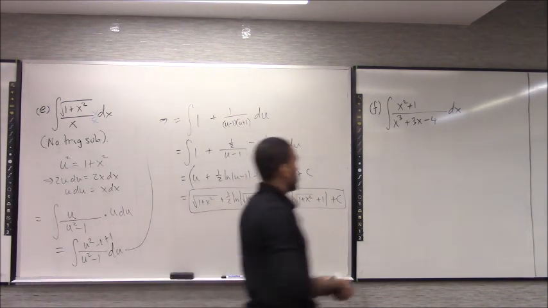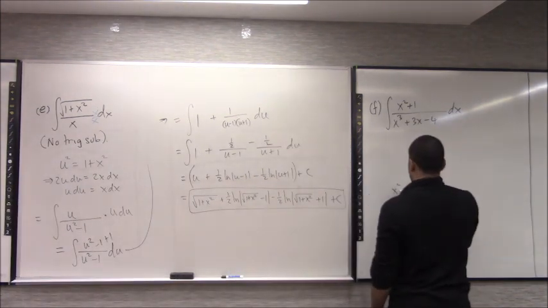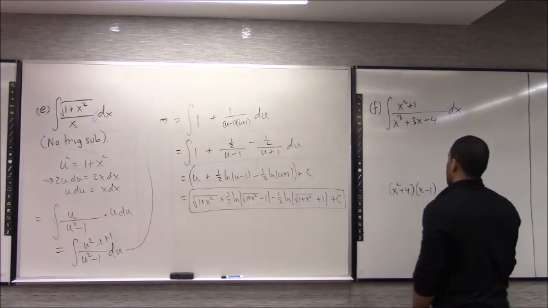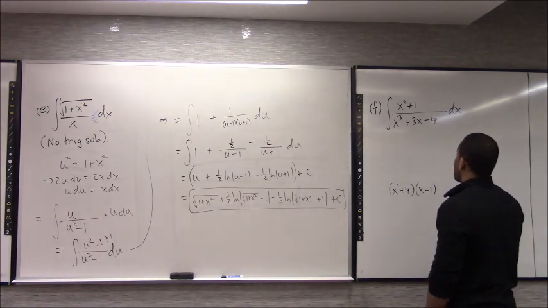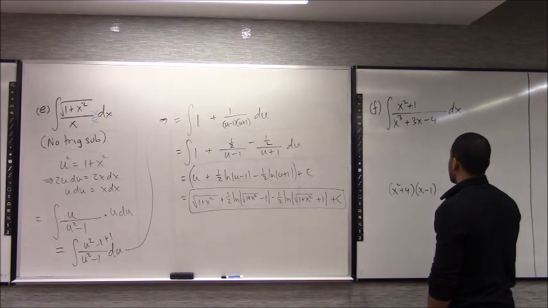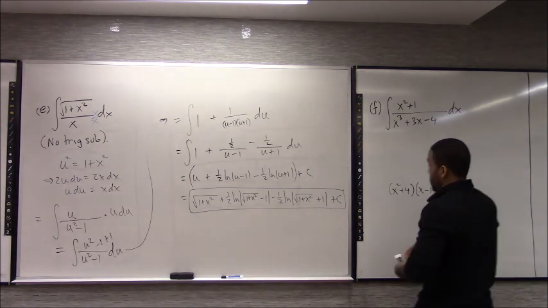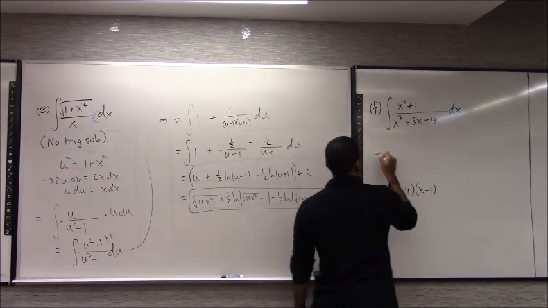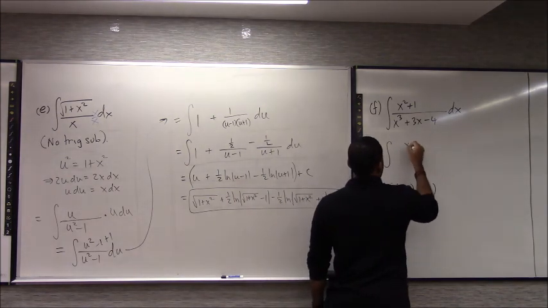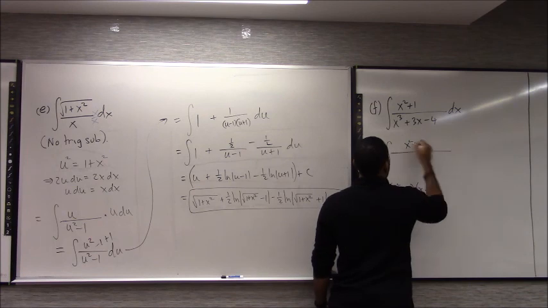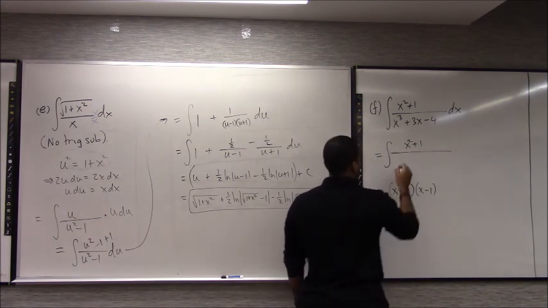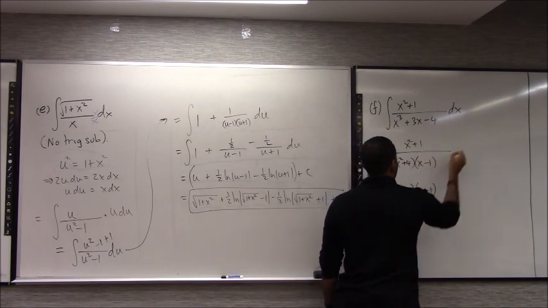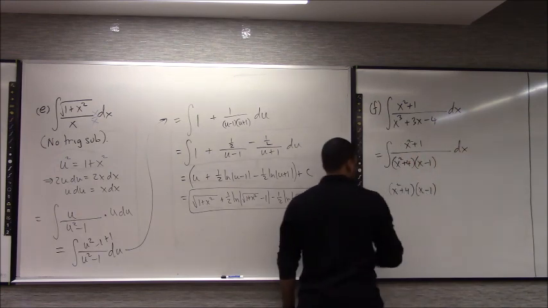Does that actually work? So that's x squared plus 4, x minus 1, dx.